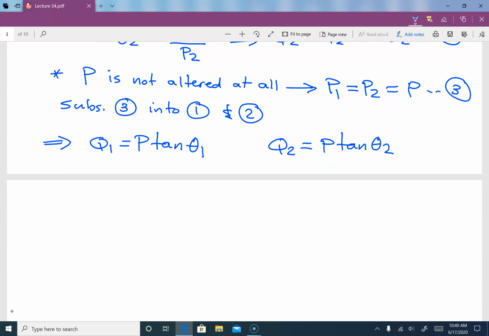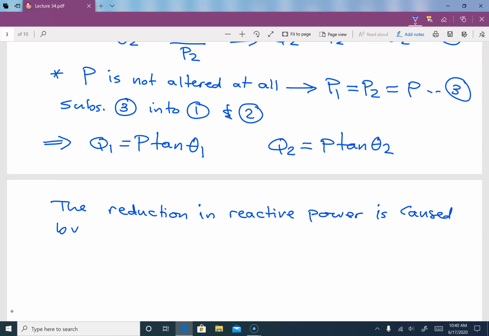So now the reduction in reactive power is caused by the addition of the capacitor.